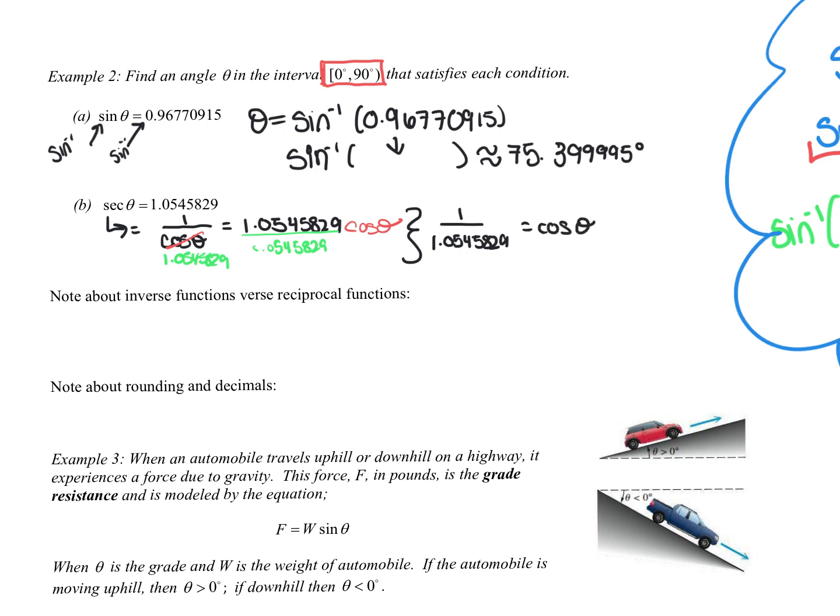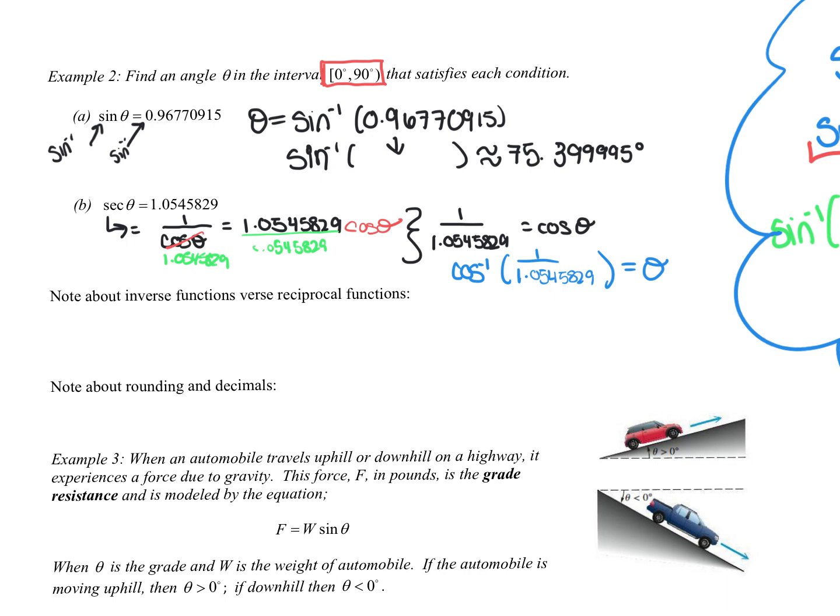Then I'm going to do the arc of both sides. So I'm going to have arc cosine, the cosine to the -1 of 1 over 1.05455829 equals my theta.